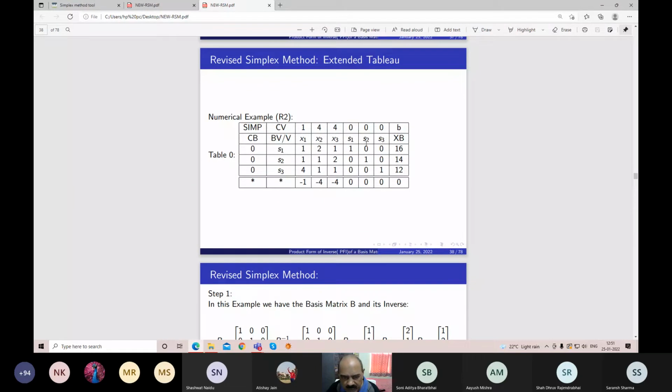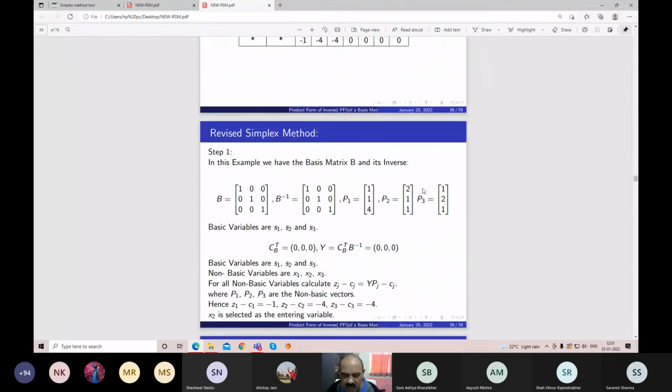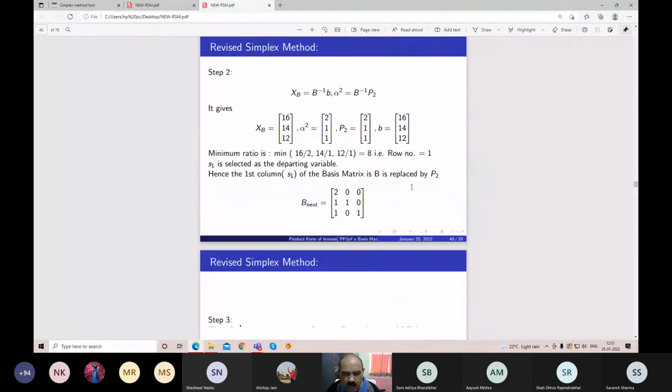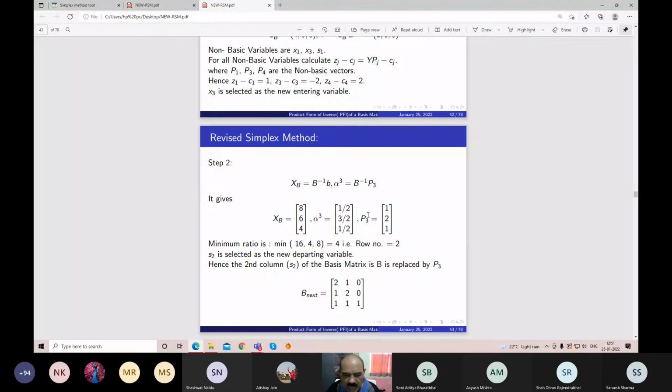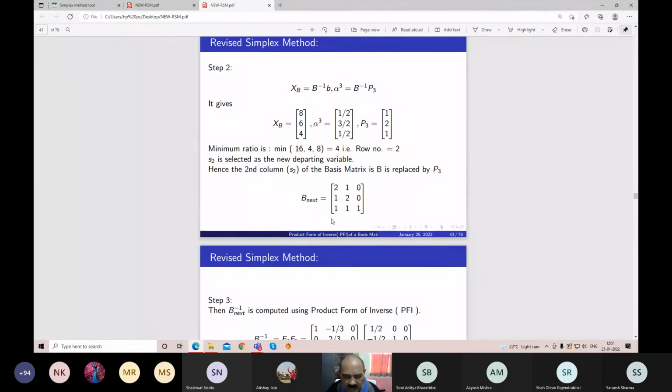So here the elements will be, instead of 0, 1, 0, the element will be 1, 2, 1. So there are 3 columns. Earlier you have occupied the first column. Now we are occupying the second column. Third column remains as it is, no change.